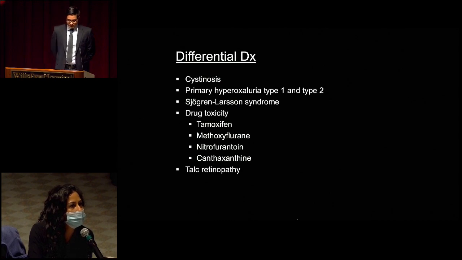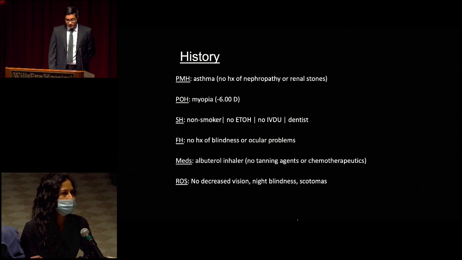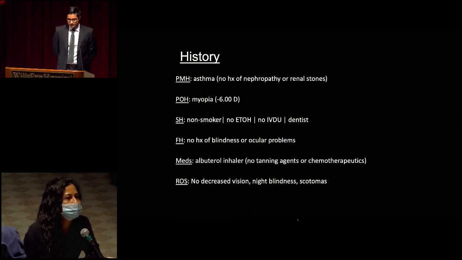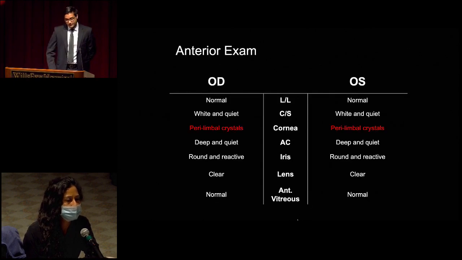So you hit on all of those things. On history, we learned that the patient had no history of renal stones or kidney disease, did not use IV drugs, had no family history of blindness or eye problems, and his only medication was an albuterol inhaler. On anterior exam, the patient actually had perilimbal crystals.